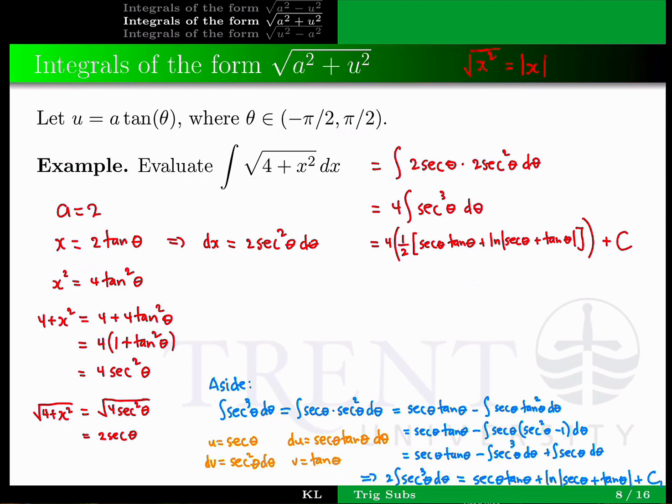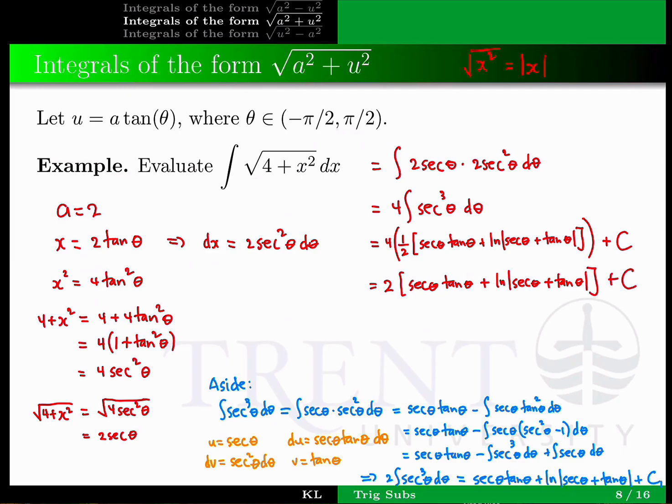Then you can multiply the 4 and you will just have 2 as a coefficient of everything. If we do that, you will have 2 times secant theta tangent theta plus ln absolute value of secant theta plus tangent theta, and then plus c.